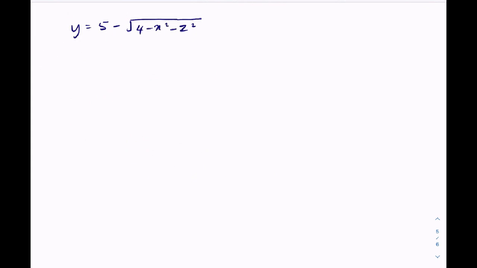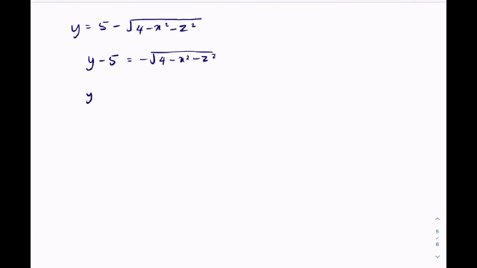Okay, so we have new question. Obviously this question is quite tricky. When we look at this question, we don't know what is the shape of this one. So first step, maybe we have to manipulate this one. Y minus 5, okay, equals to negative. Okay, over here actually you can see what happened.